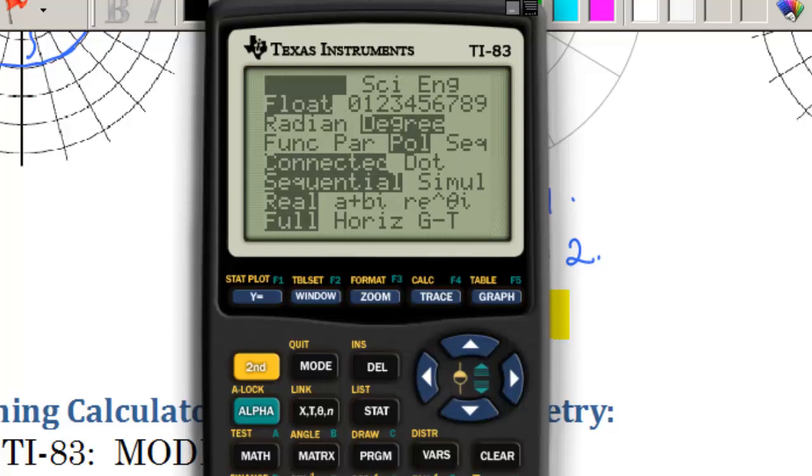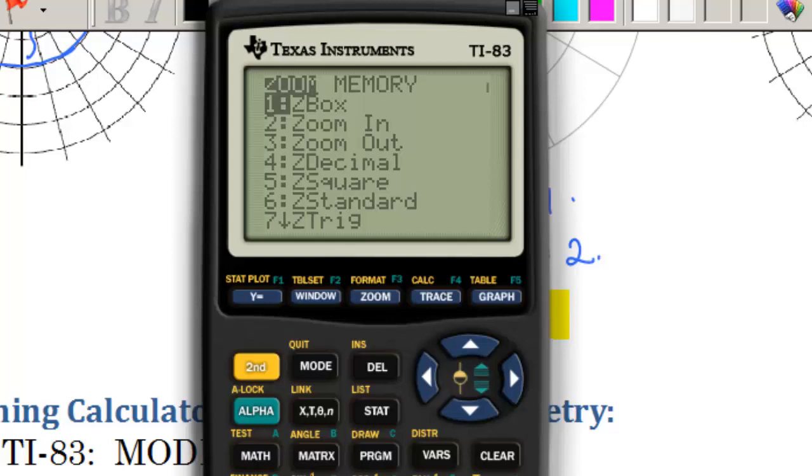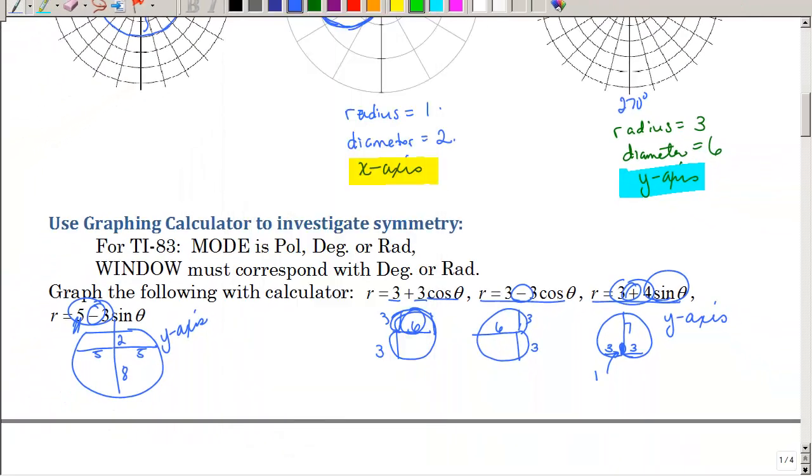Alright, so degree, polar mode, check that window, and you can always change it with your zoom 6 button. And so you can see that's my last thing, and you can see how it looks a little bit different. So what I wanted you to get from this is the symmetry, the pluses, the minus, and some of the relationships with those numbers.